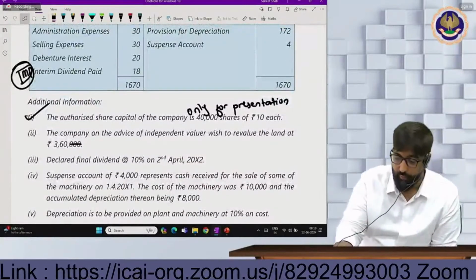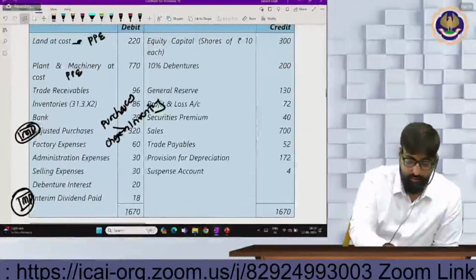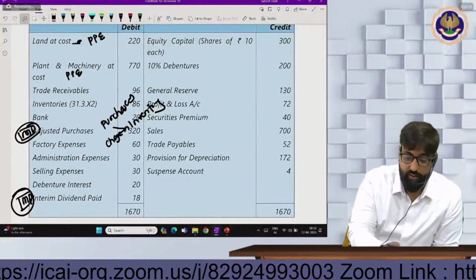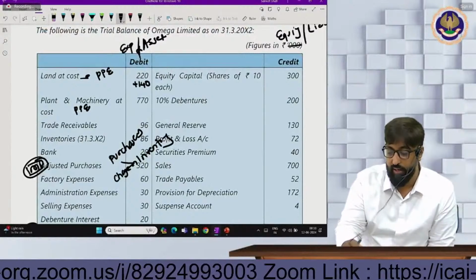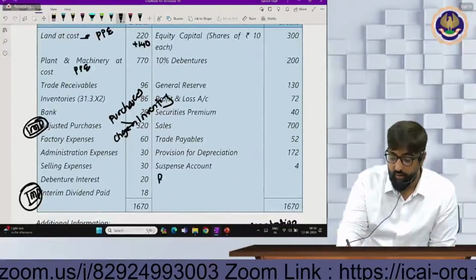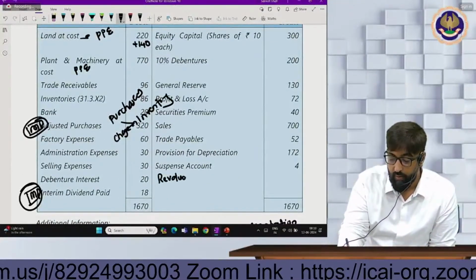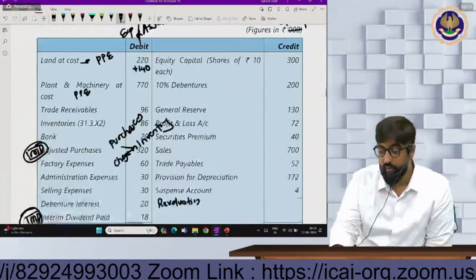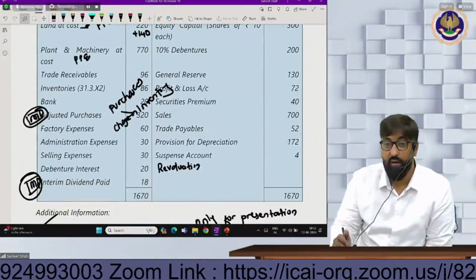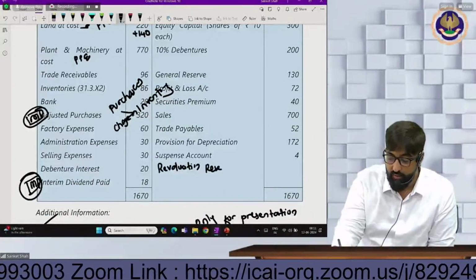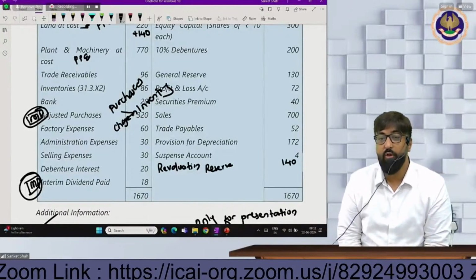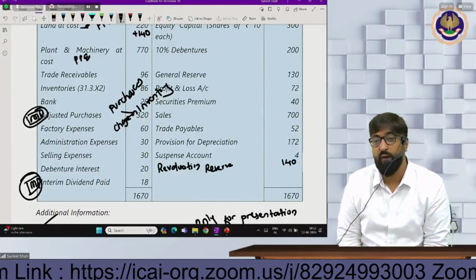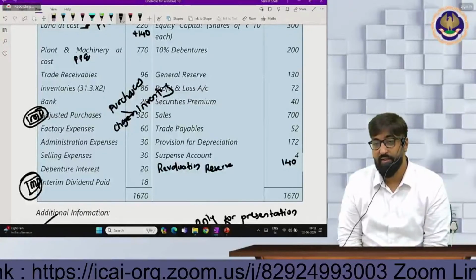First you have to update the trial balance. 360 minus 220 is 140. Land at cost, you will add 140, and on the credit side you will write revaluation reserve 140. Update your trial balance on the question itself.